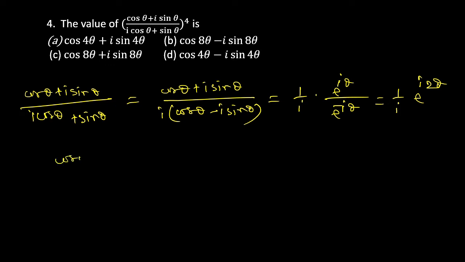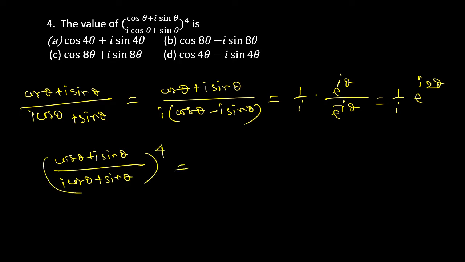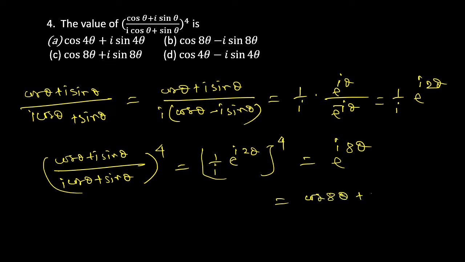Now cos theta plus i sin theta by i cos theta plus sin theta whole to the power 4 is 1 by i e to the power i 2 theta whole to the power 4. i to the power 4 means 1, so we get e to the power i 8 theta, and it is cos 8 theta plus i sin 8 theta. So here option C is correct, cos 8 theta plus i sin 8 theta.